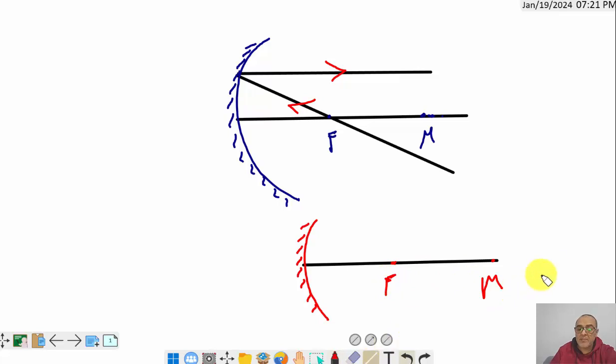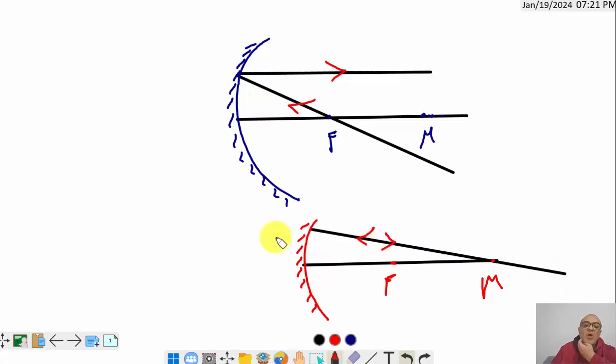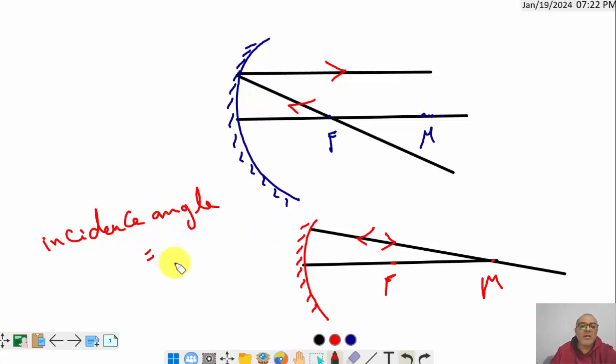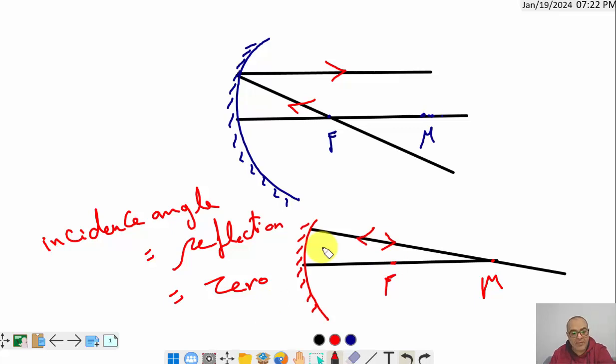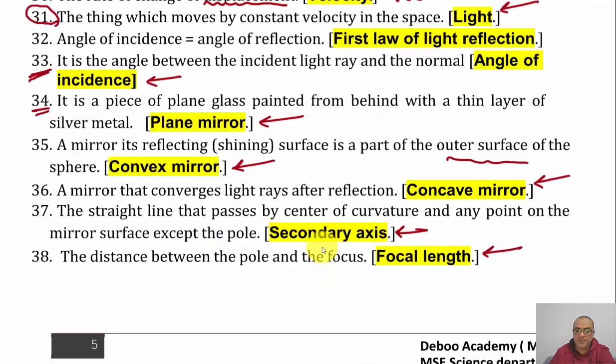If the ray falls passing through the center of curvature like this one, yes, I heard one of you, it reflects on itself because incidence angle equals reflection angle, equals 0. So it reflects on itself. This is the brief about the mirror, and we will be talking, inshallah, about the images.